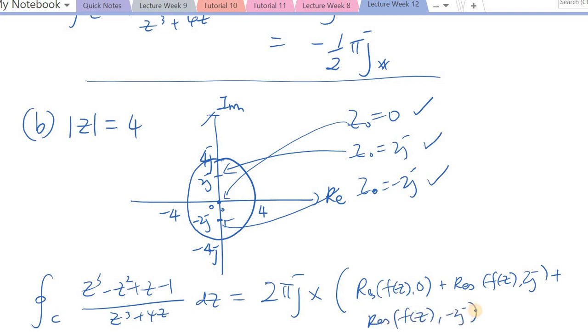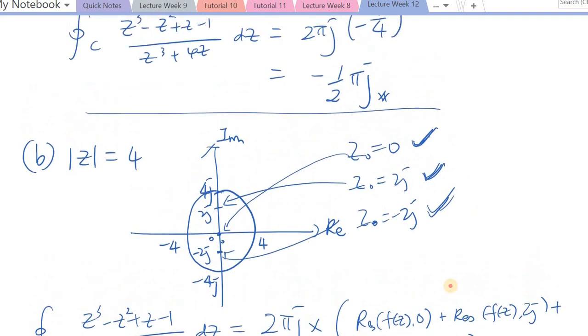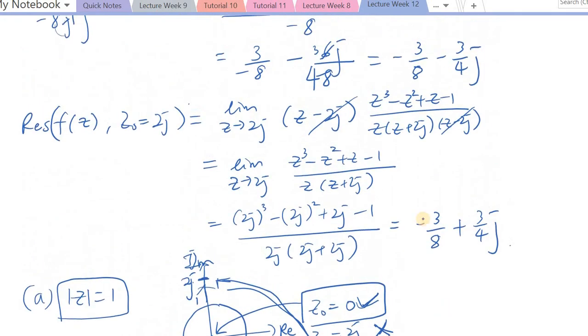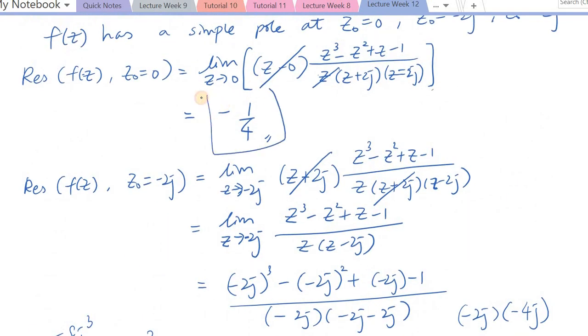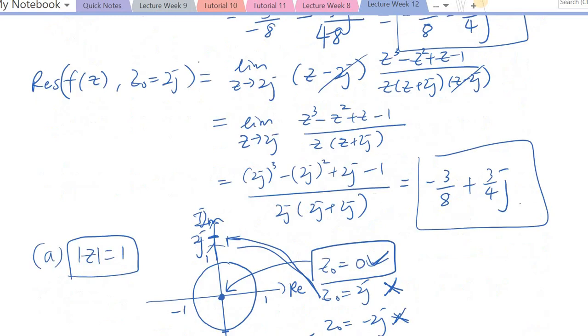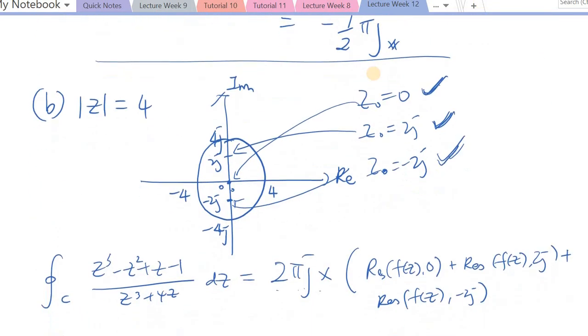So you add the residues for these three singularities together, and then multiply with 2 pi j. Let's trace back. Plus this, all added together, because all three singularities are inside the contour for part B.